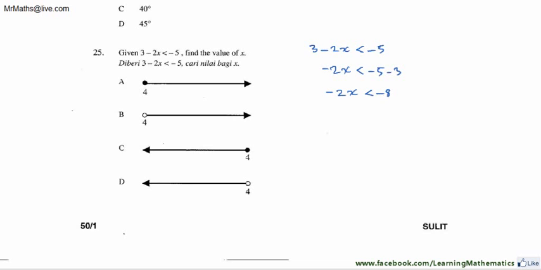Now if I want to get rid of the minus, x is greater than 8 over 2. Whenever we switch the sign, the inequality flips to greater than. So x is greater than 4. It is exclusive, it does not include 4, but is greater than 4. So it's B.